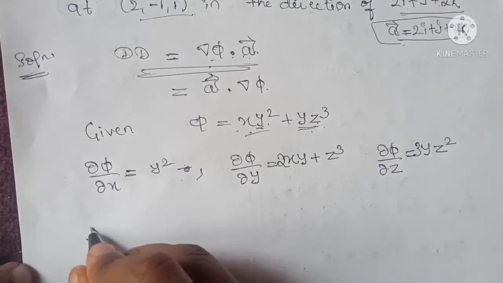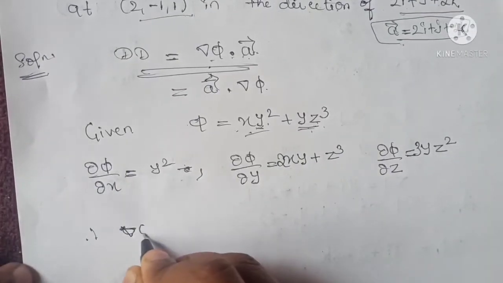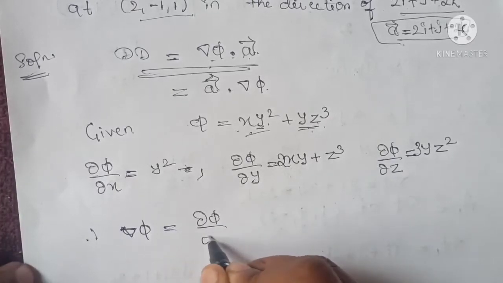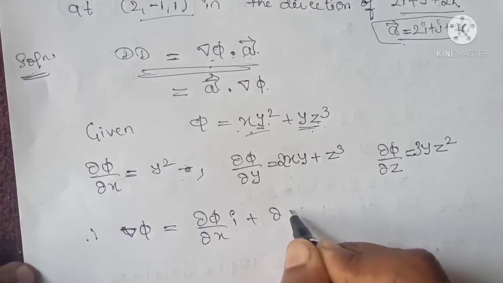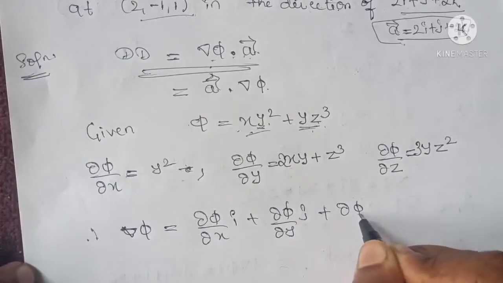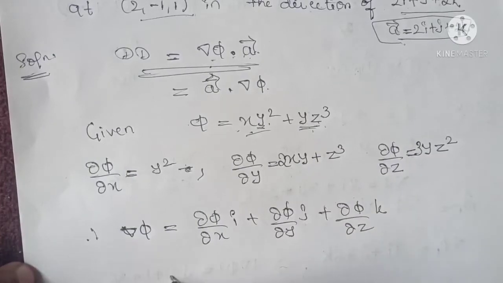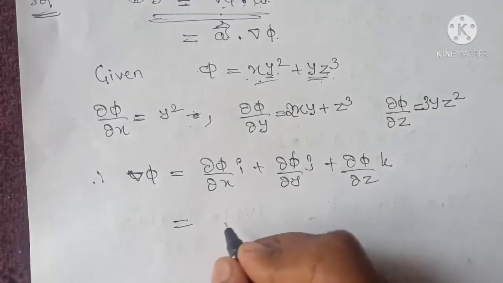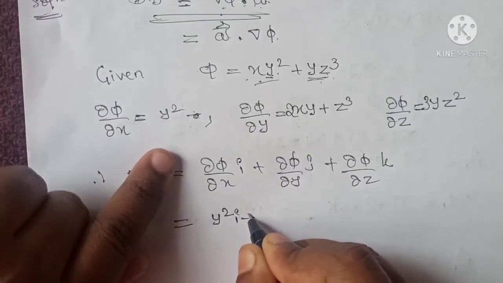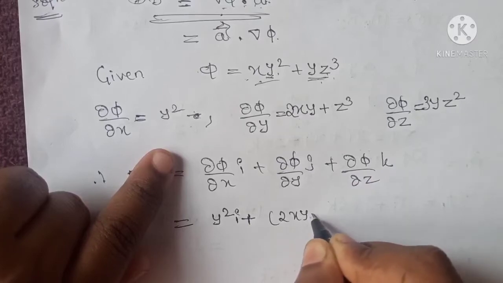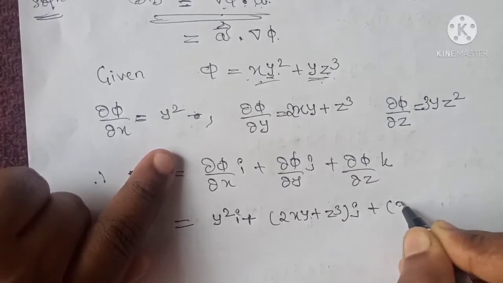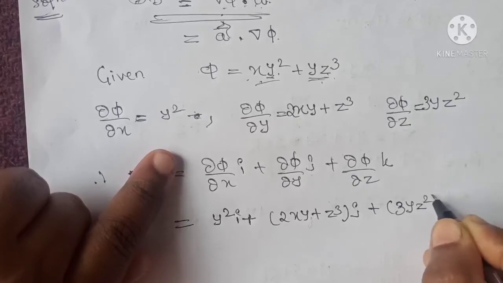Therefore del phi is equal to dou phi by dou x i plus dou phi by dou y j plus dou phi by dou z k, which is y square i plus (2xy plus z cube) j plus 3yz square k.